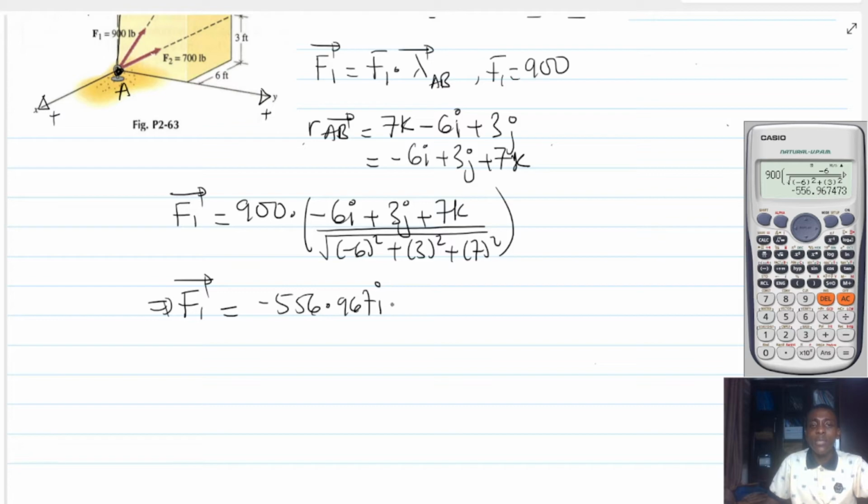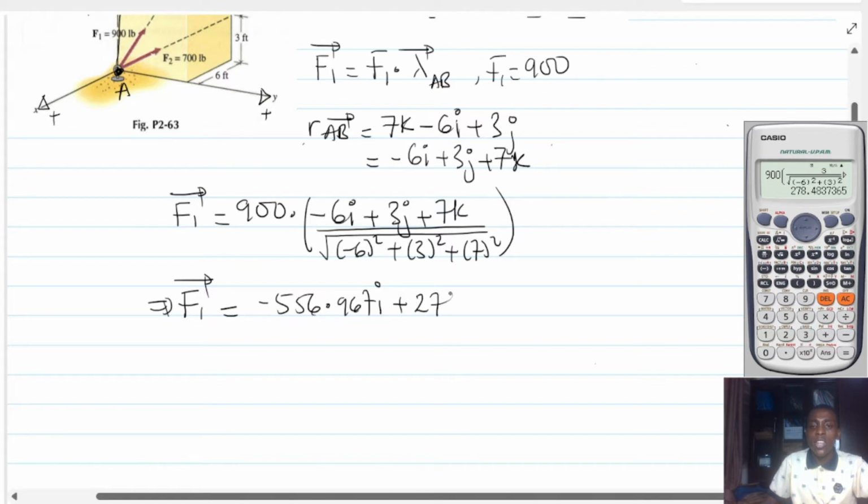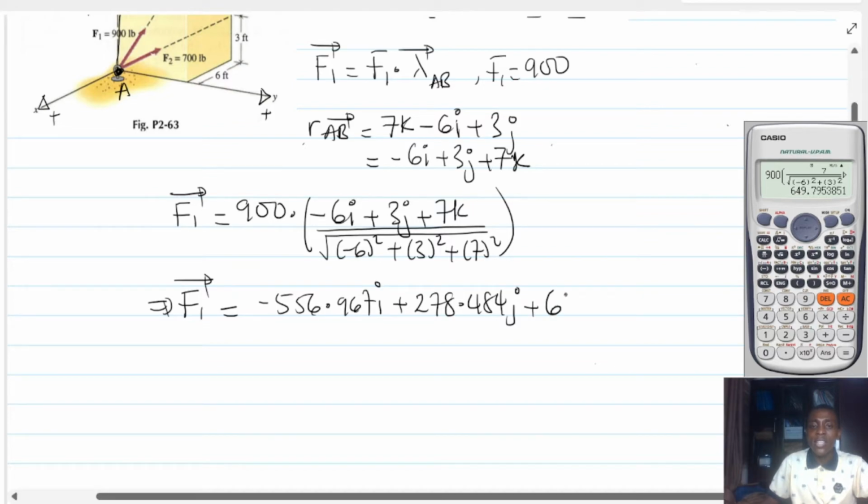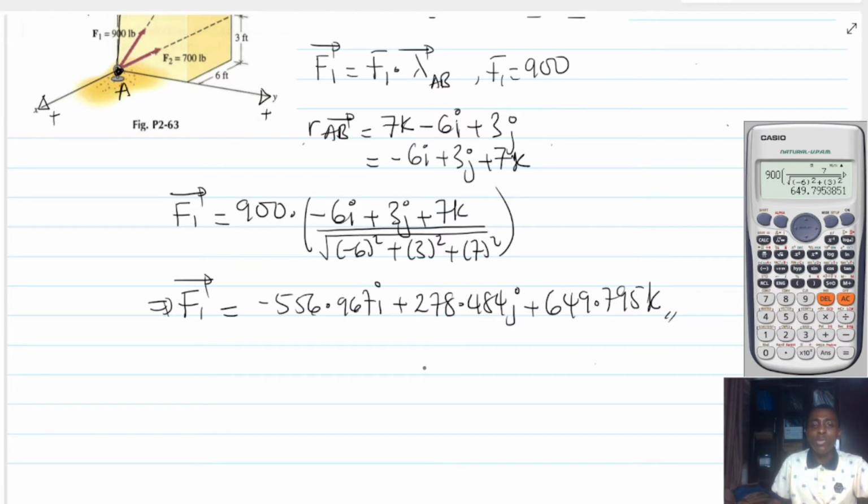Then I do the same thing for the j component. I change the numerator to 3, and that gives me 278.484j. And finally, I change this to 7, which gives 649.795, so plus 649.795k.